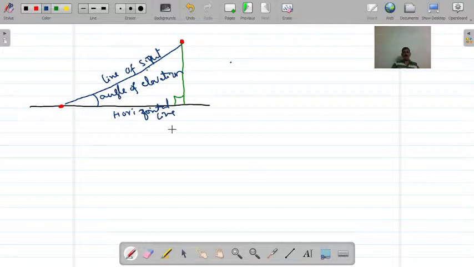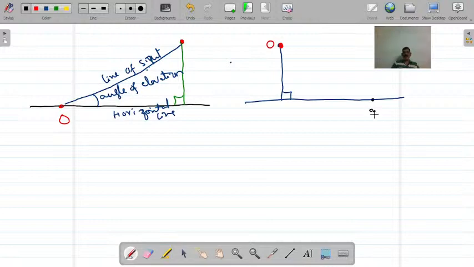On the other hand, suppose the same horizontal line, the observer is here and he is observing an object which is at a downward position. Suppose this is a tower or a building and the observer is sitting here, observing an object on the ground.